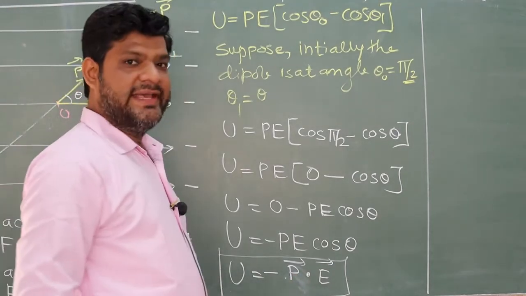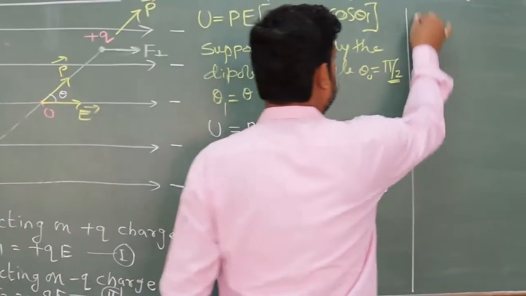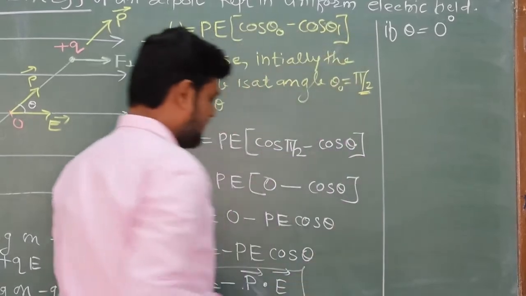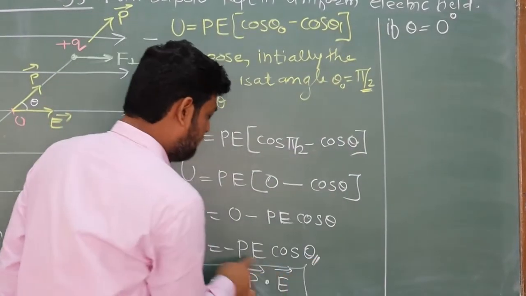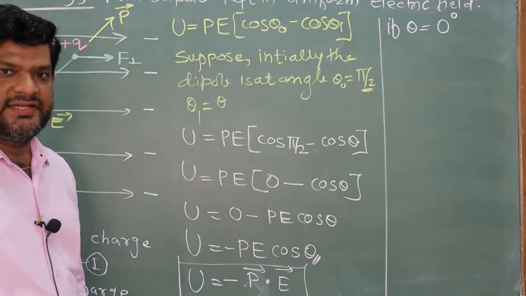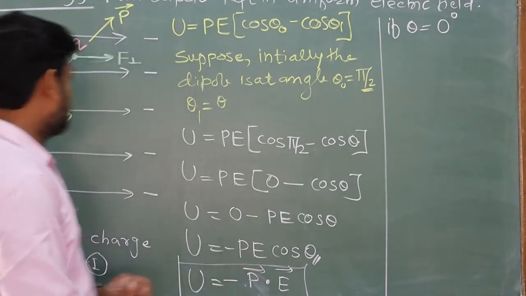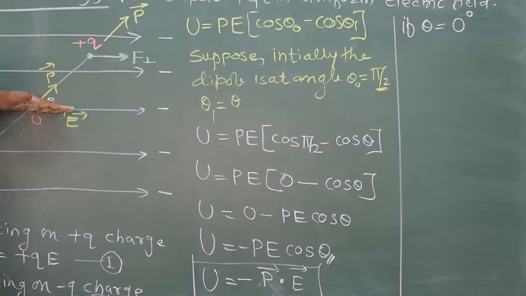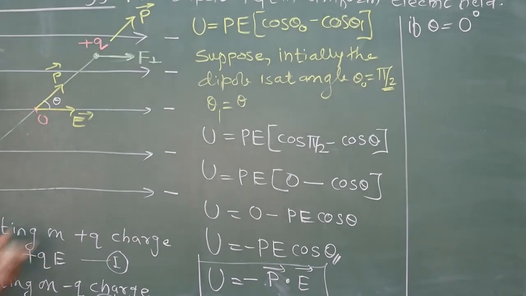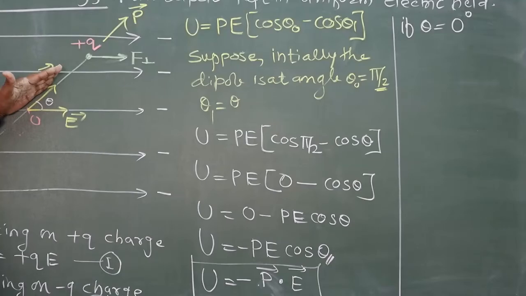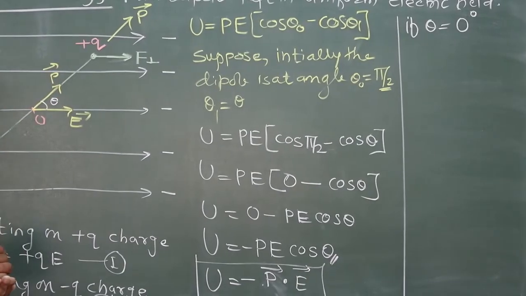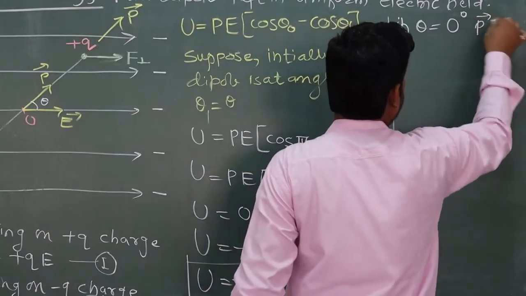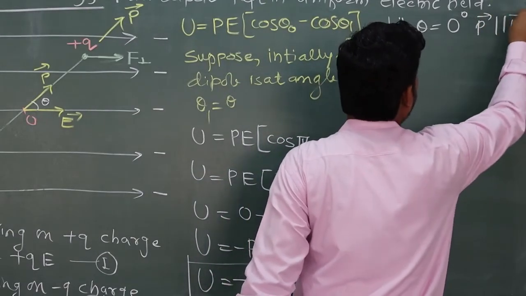For the different cases, case number 1, suppose theta equal to 0 degree. Theta is the angle between P and E. Theta is 0 means the P vector is aligned with the direction of the electric field. Hence theta equal to 0 means we can say that P vector is parallel to E vector.